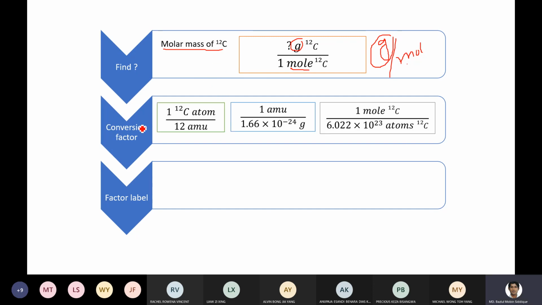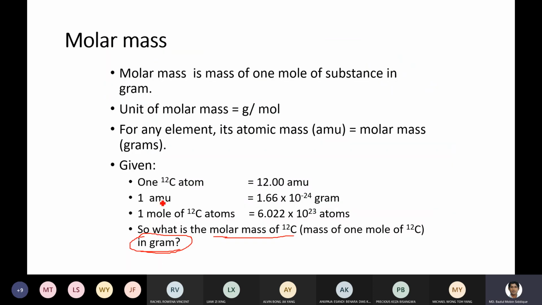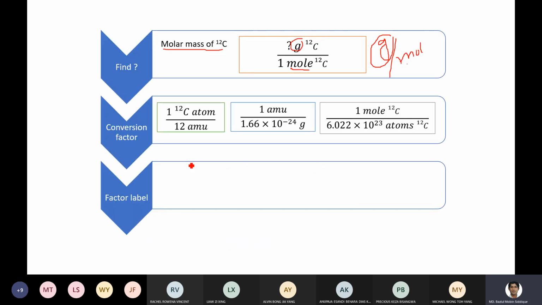So for the unit conversion factor, we just put these values, or we see this information here and put these values here. One carbon 12 atom is 12 AMU, 1 AMU is this many grams, right? And then 1 mole is Avogadro's number of atoms here.